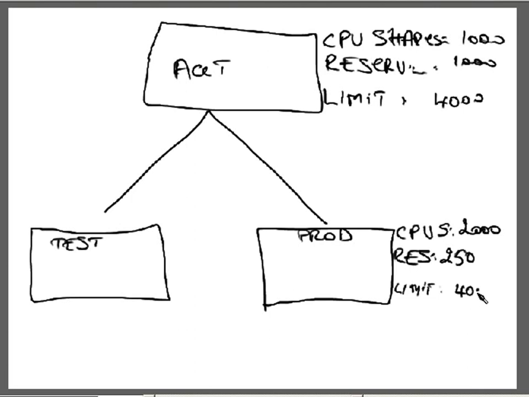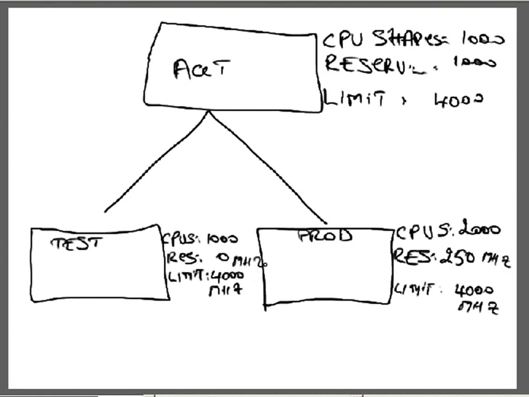Now on the other side, for test here, we're going to do the CPU shares at 1,000, the reservations at 0, and the limit or the cap at 4,000. Obviously this is in megahertz here, and this is in megahertz here, megahertz here, and megahertz here.